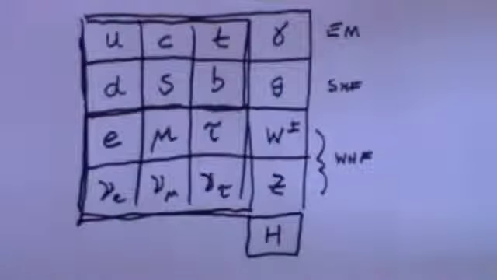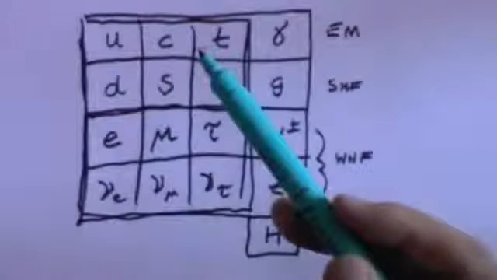So the suggestion is that maybe these supersymmetric particles have not been found because they are more massive than the particles in what we understand to be the Standard Model. Now, the most massive particle we have so far found is the top quark, which is approximately 175 GeV.